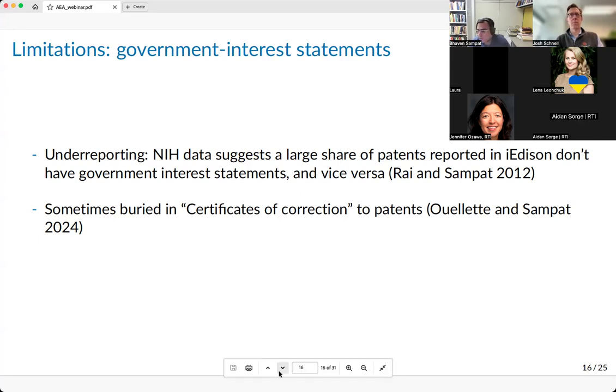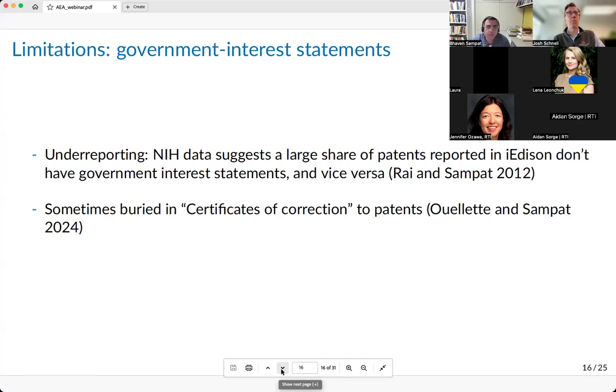And yes, Melissa Day points out the hope is that at some point public iEdison will be used across the government, but hopefully some of the patent data in particular will be made available more generally beyond what the NIH already usefully provides.